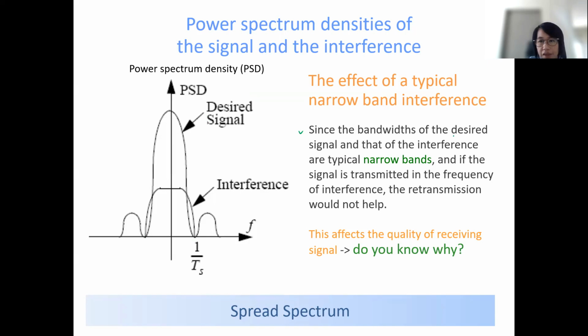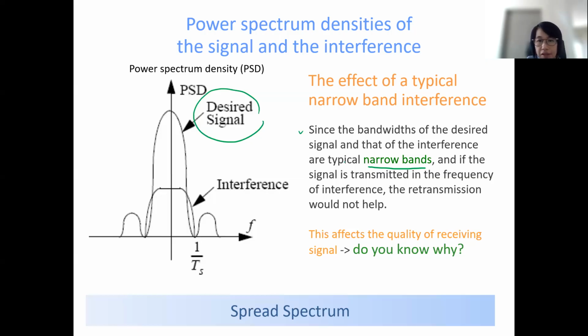It is mentioned here that the bandwidth of the desired signal and the bandwidth of the interference are typically narrowband. In general, without spread spectrum, the bandwidth is narrowband, and the interference from another source is narrowband also, right? We can imagine that. We just do the modulation using the center frequency, and then suddenly this situation may happen.